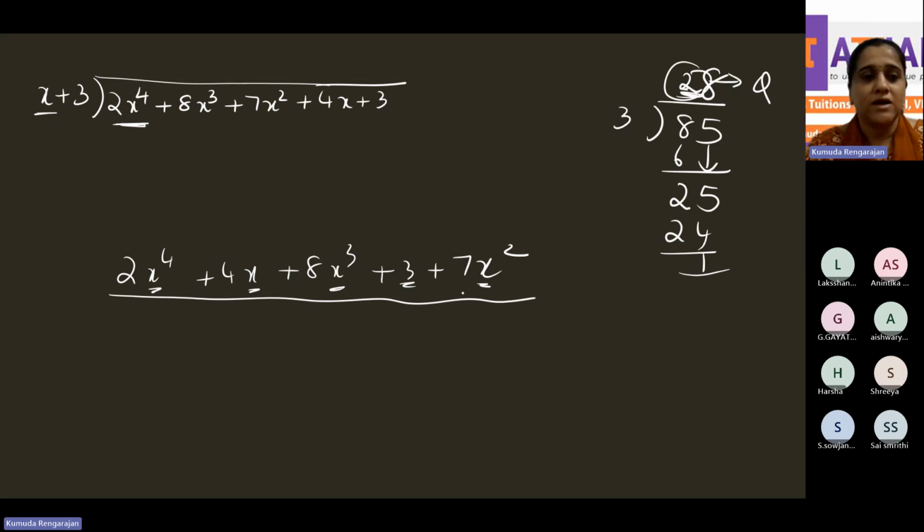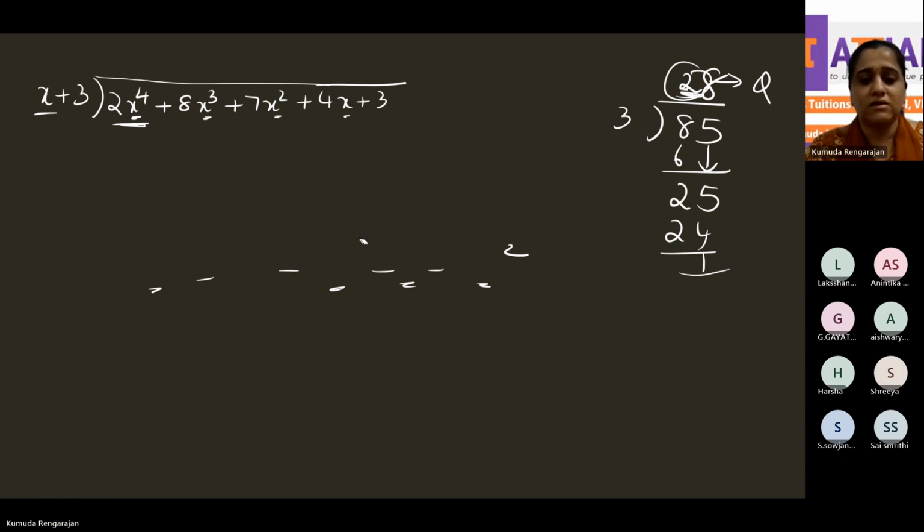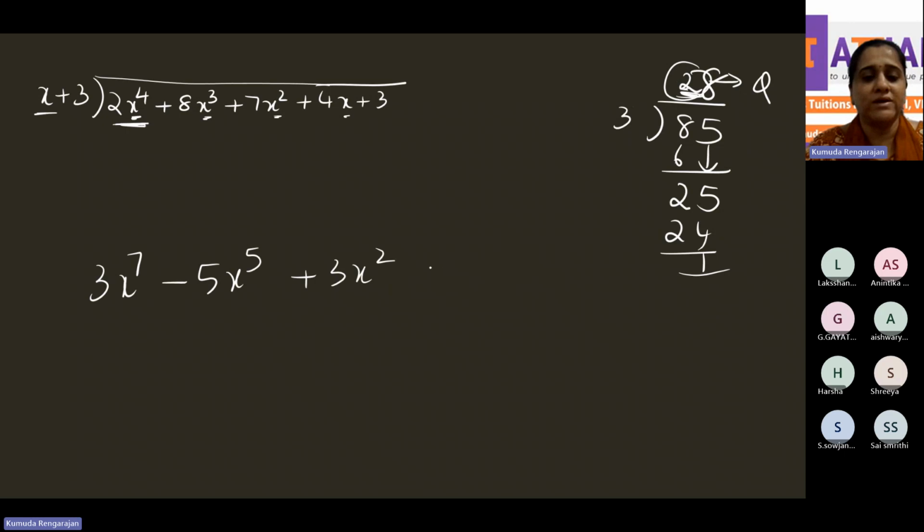That's the first step. So see here, x to the power 4, x to the power 3, x to the power 2, x and constant. See, it's okay if one term is missing also. I hope all of us are listening. It's okay if you don't have a particular term in the middle. For example, if you have 3x to the power 7 minus 5x to the power 5 plus 3x squared minus 11.